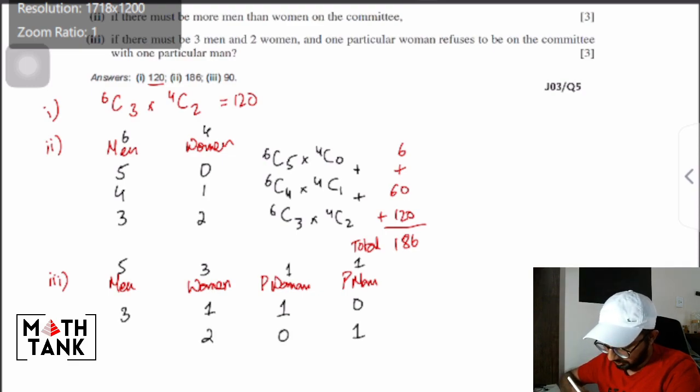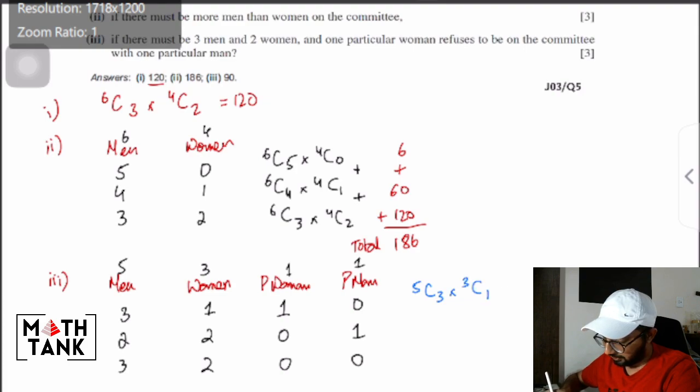Then there should be 2 women here and 2 men here. And the third case would be that both of them don't get selected, so we leave out both of them. That gives us 5C3 into 3C1 into 1C1, 5C2, 3C2, and 1C1 for the man.